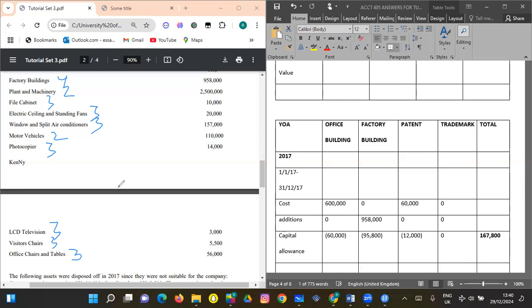Factory buildings is here. This is the addition, what they bought. We bring it in here. There were no additions on office building, right? So that's it.